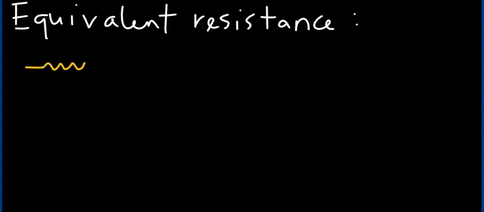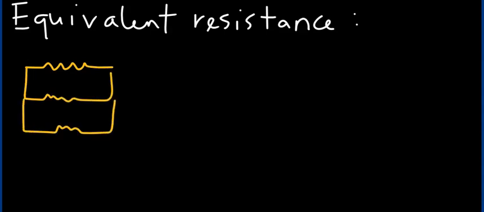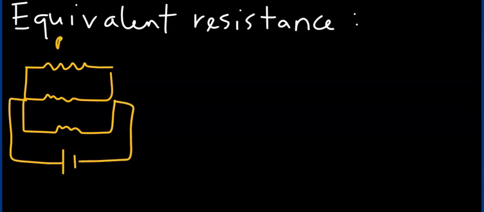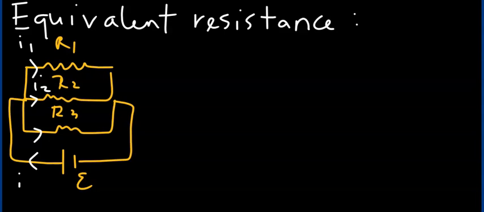So let's go back to the circuit that we have just sketched a few minutes ago, where you had 3 resistors in parallel, R1, R2, and R3, and the EMF of the battery is E. So the original current is I, the current through R1 is I1, current through R2 is I2, and the current through R3 is I3.